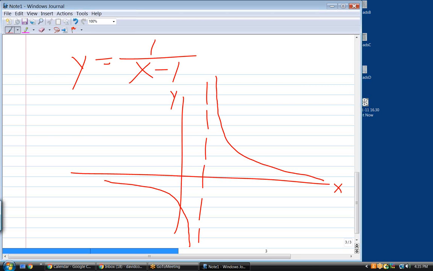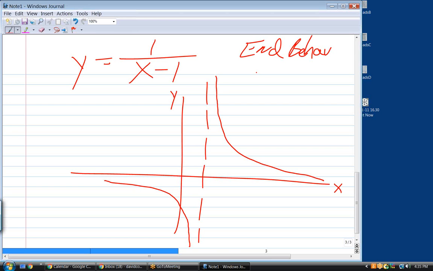In the picture I just drew, what happens as x goes to positive infinity? y gets closer to 0. And what happens as x goes to negative infinity? y goes to 0. Right. So how would I write that? The definition of end behavior is what happens to y as x goes to positive infinity.